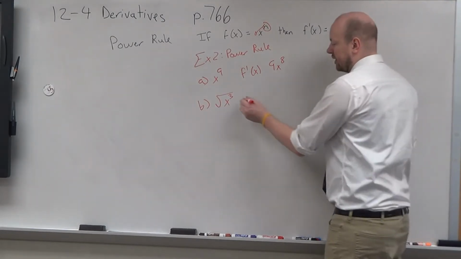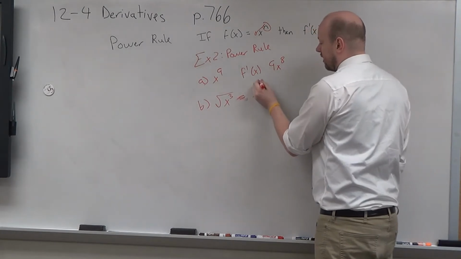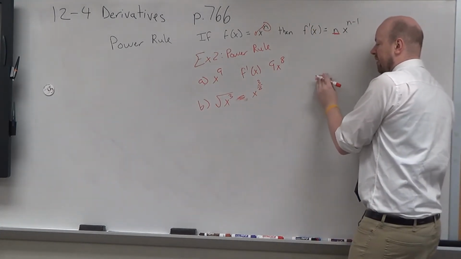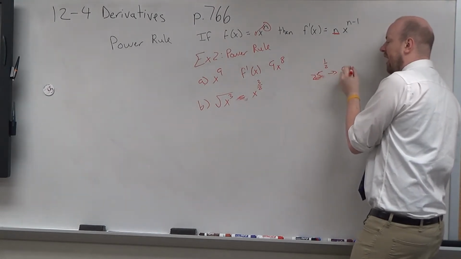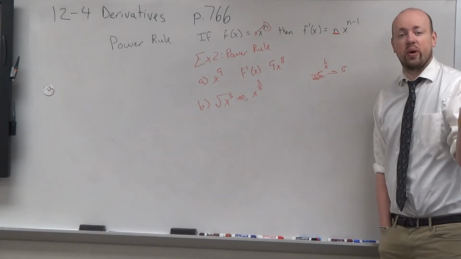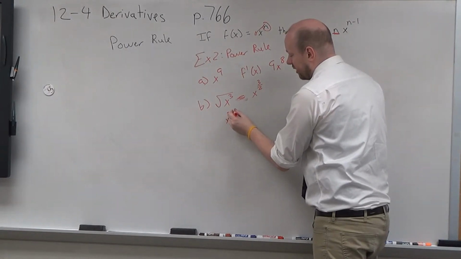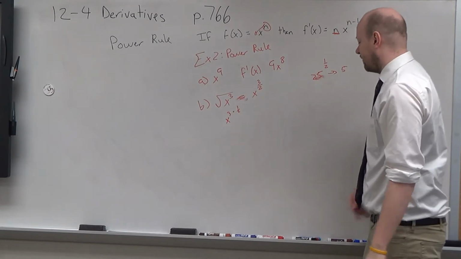So the actual expression is actually x to the 3 halves. Remember, if I had something like 25 to the power of 1/2, and you type that in your calculator, you get 5. Because the power of 1/2 is the same thing as a square root. So essentially, I have x to the 3 times 1/2 up top, which means I have x to the 3 halves.